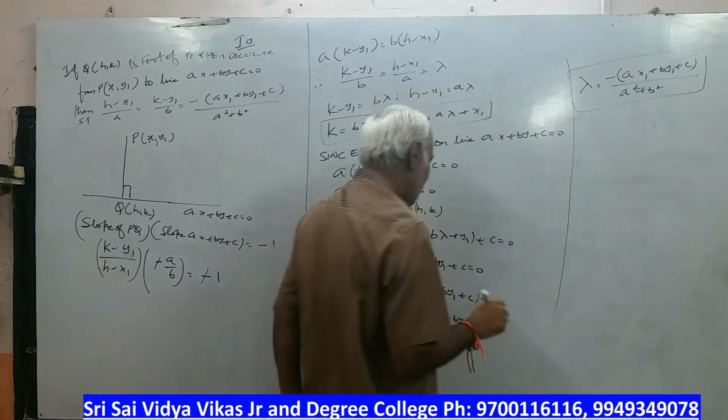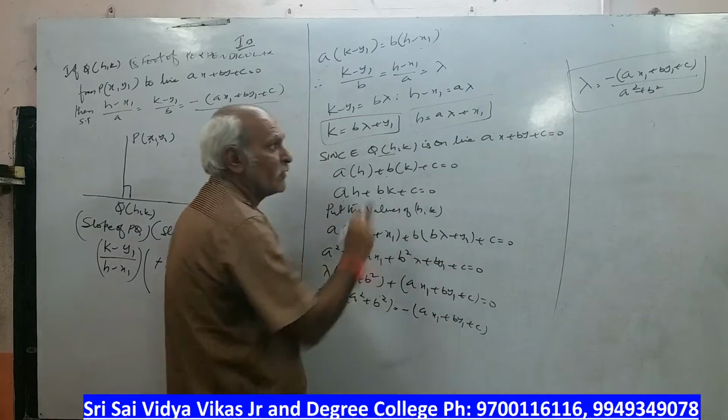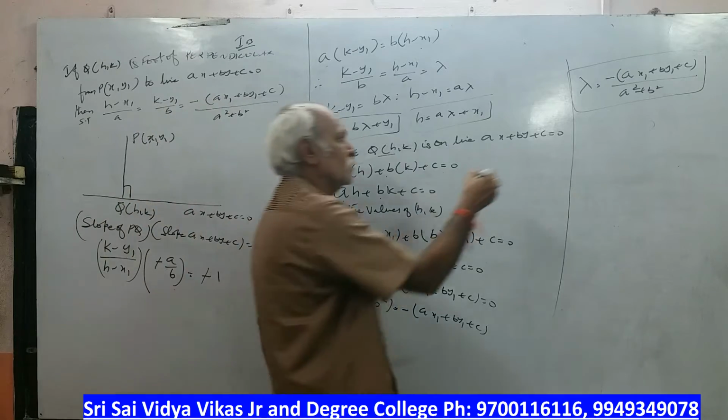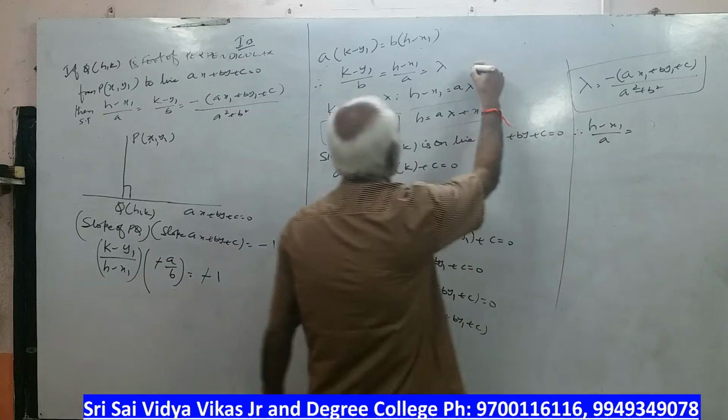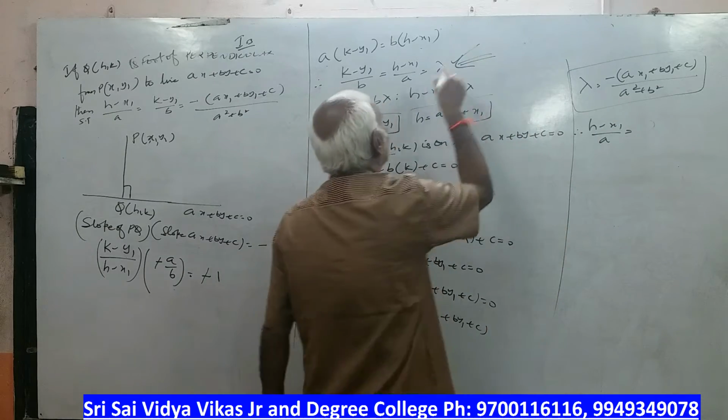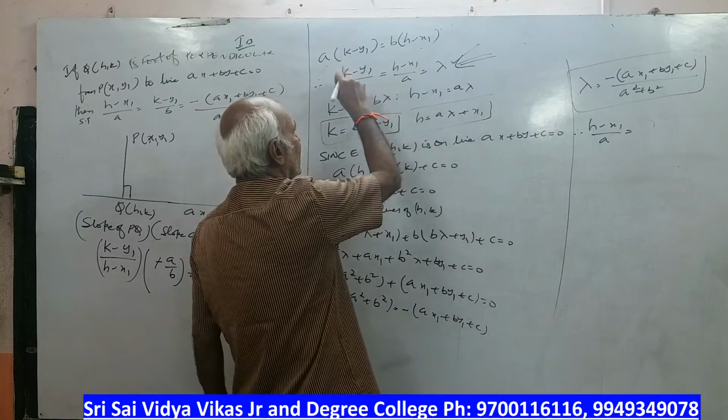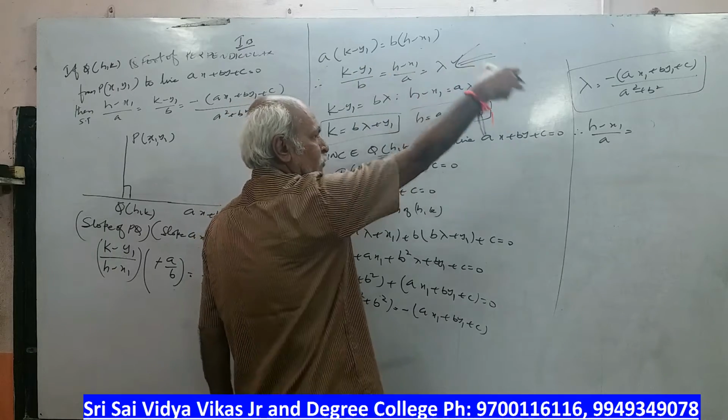What is the lambda value we got? I am dividing here. So lambda value is minus of ax1 plus by1 plus c by a square plus b square. Therefore h minus x1 by a, k minus y1 by b is equal to lambda. So we got the lambda value.